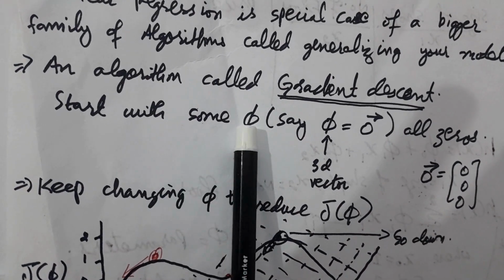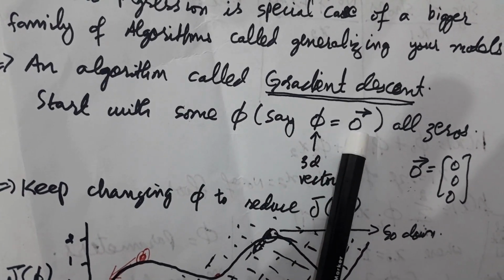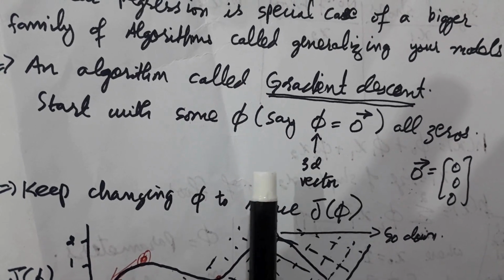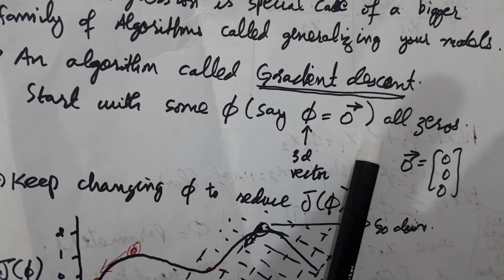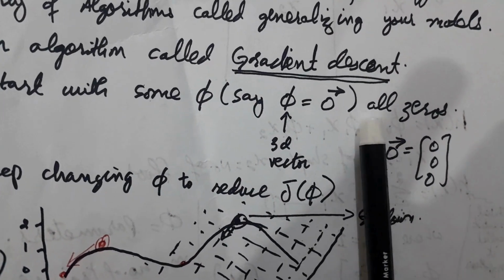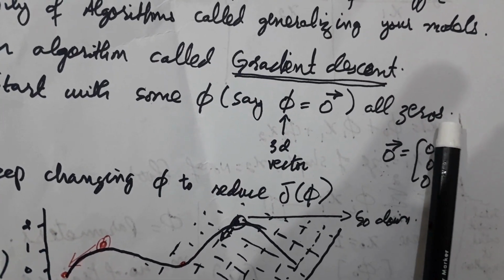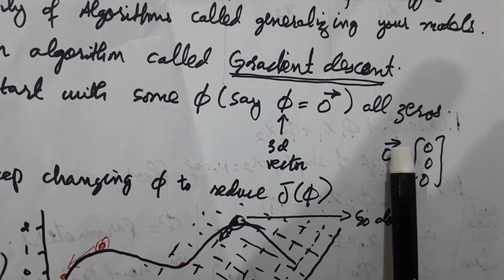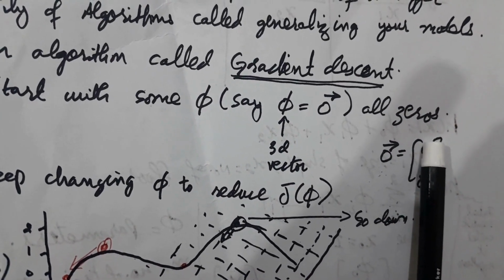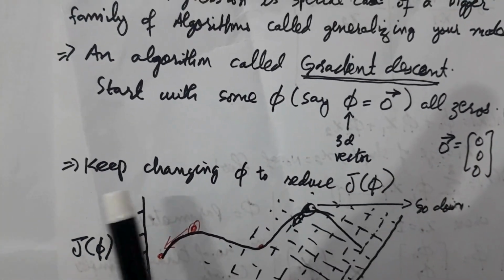Start with some phi, say phi is equal to the 0 vector. That is a vector. If we have three features, phi naught, phi 1, phi 2, that will be with initial value 0 0 0.